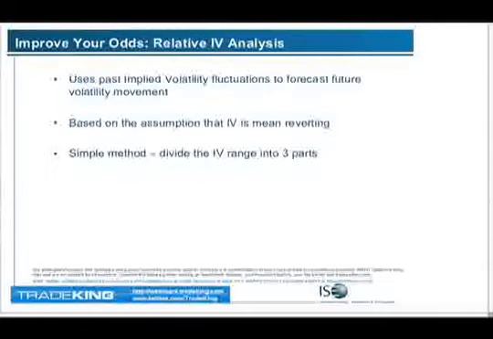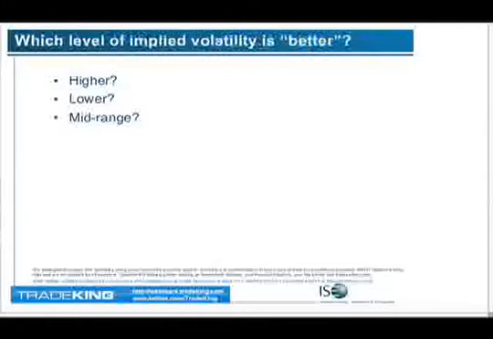Okay, so just to summarize what we just talked about, we're looking at implied volatility, what it did in the past, and what we think it may do in the future. And actually, I'm going to go back a moment.